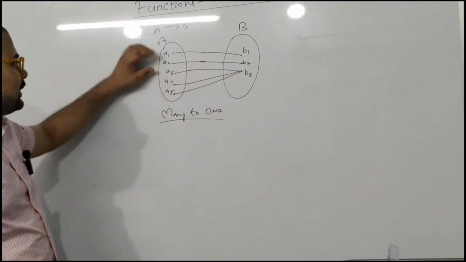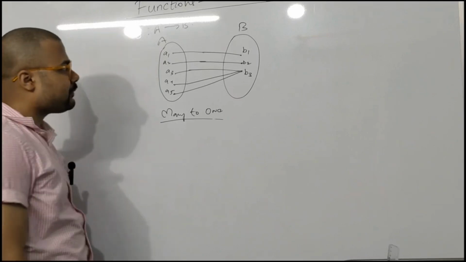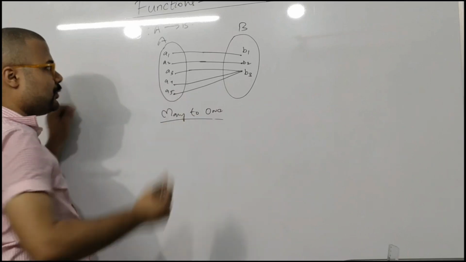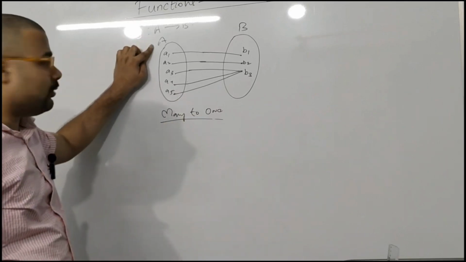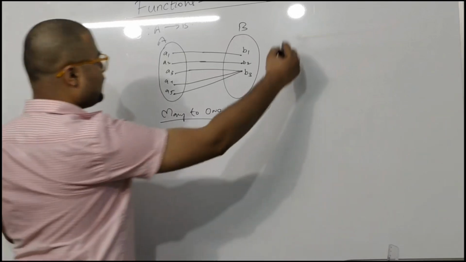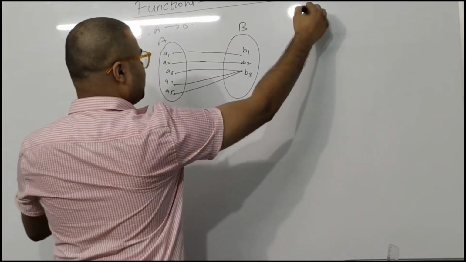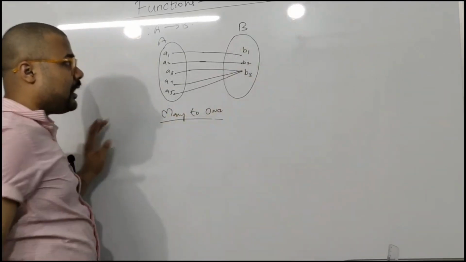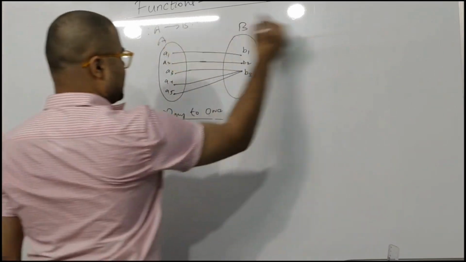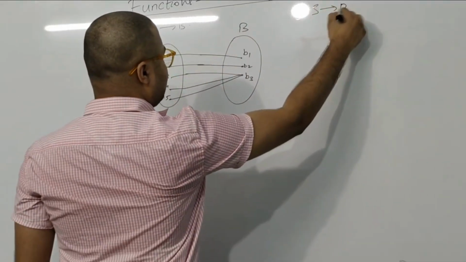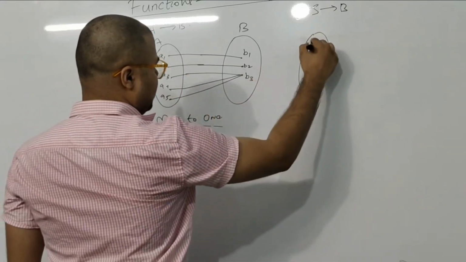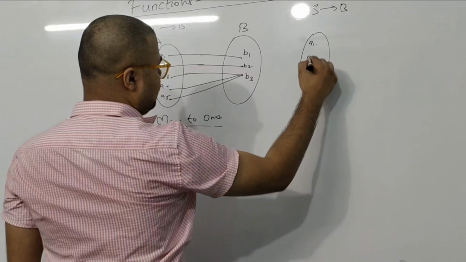But let's say I take a subset of A, any other set S, which is a subset of A, that has elements A1, A2 and A3 only. They are uniquely mapped by rule f only, but the set is S to B, and S has only A1, A2, A3.